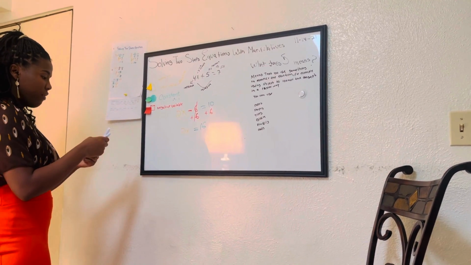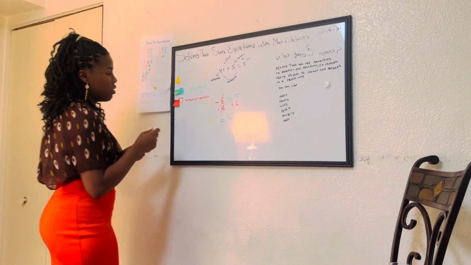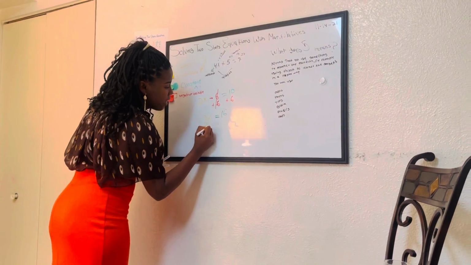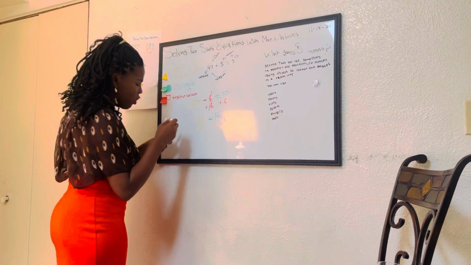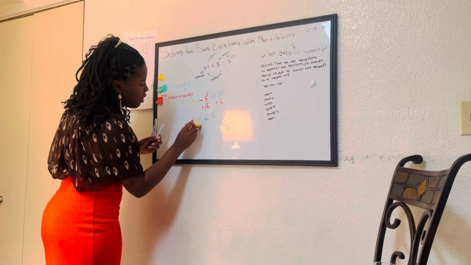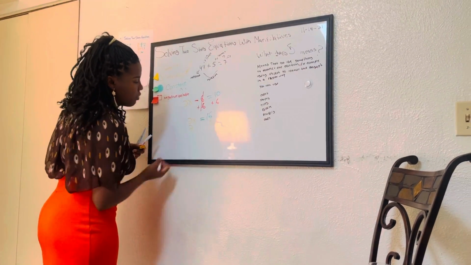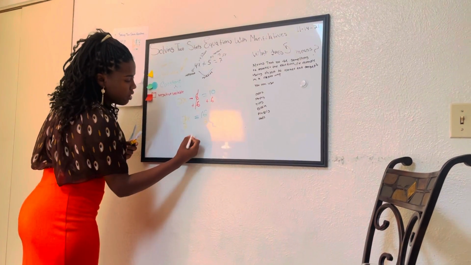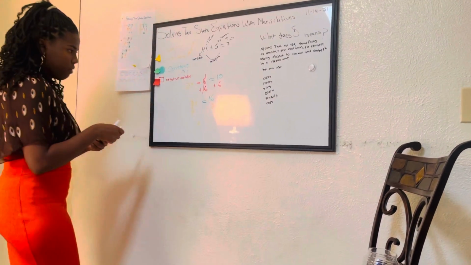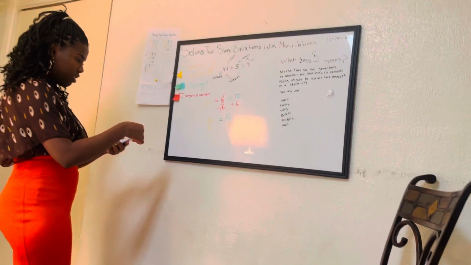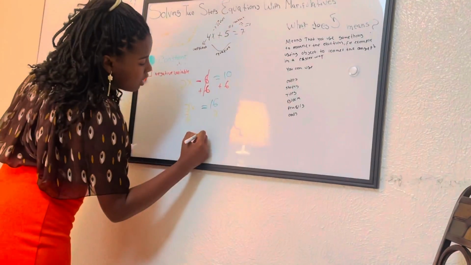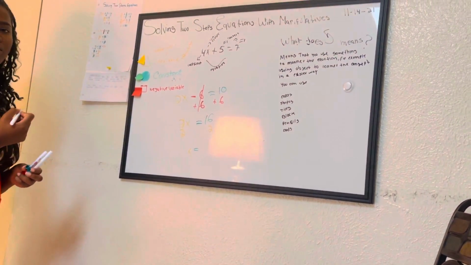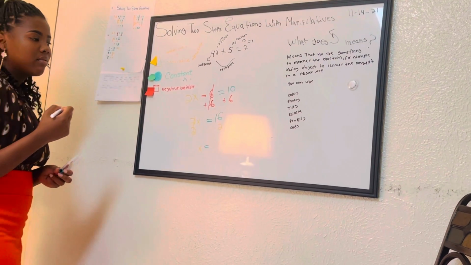So we're gonna leave the x alone. So we're gonna do 2x. We don't really have to put the x, you have to put the 2. Okay. We're gonna cancel the 2. We're gonna put down the x. And then 16 divided by 2. 8.